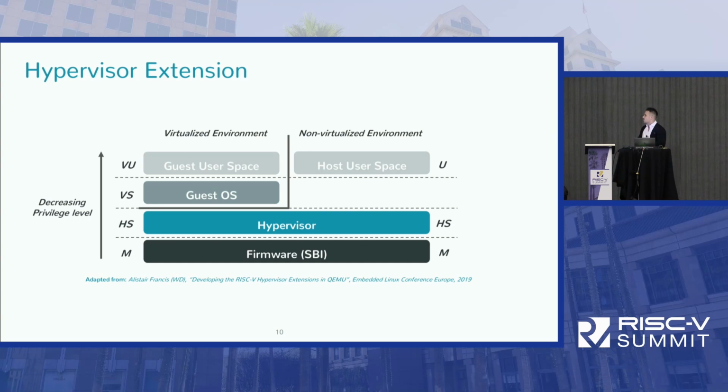It is quite orthogonal because it's well designed, in the sense that if you want to run a normal operating system and you don't want to leverage the hypervisor extension, you can just run perfectly in HS mode, because it behaves like supervisor mode when the virtualization stage is not active.